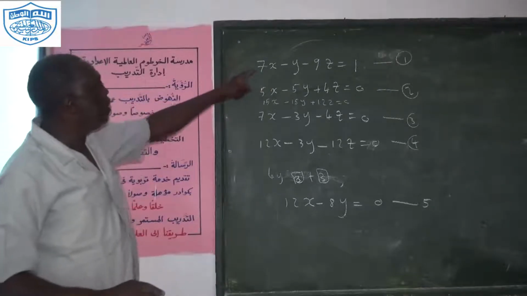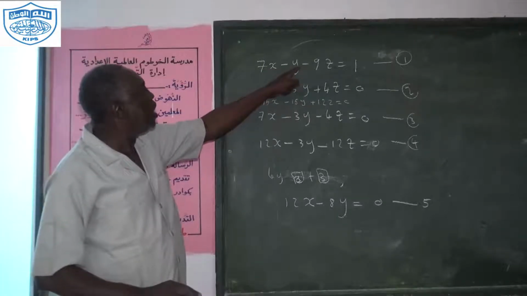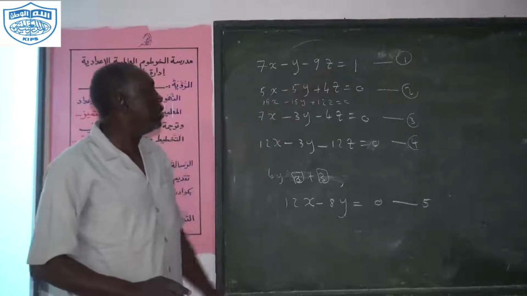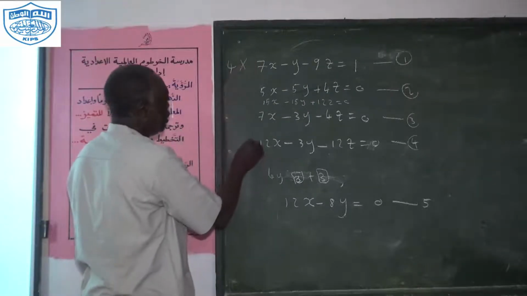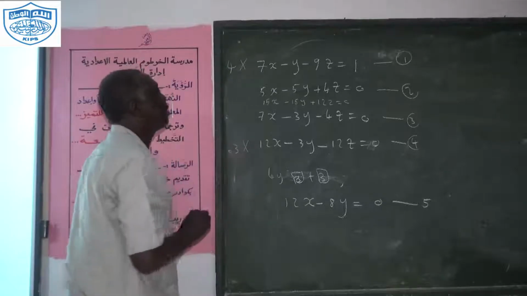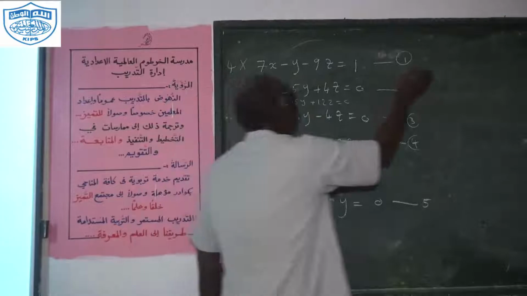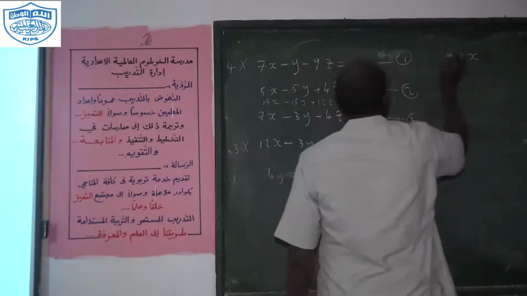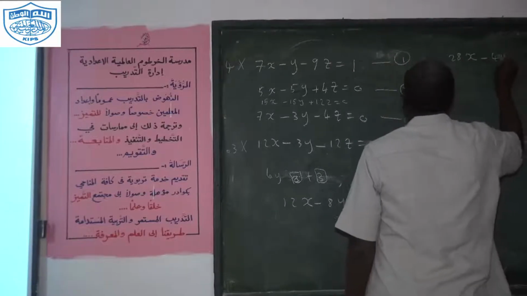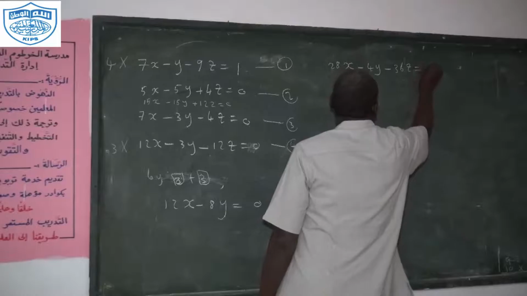15x. Okay. If I return back to this one, 7x minus 5y minus 9z equals 1. If I multiply this by 4 and this by 3 on subtraction, 4 times 7x equals 28x, 4 times negative 5 minus 4y, minus 36z equals 4.